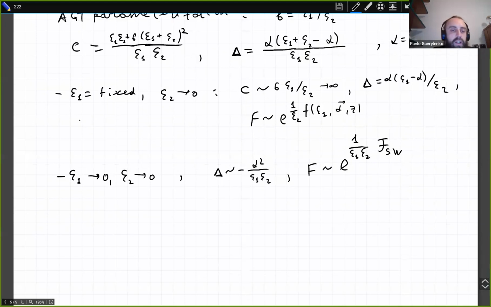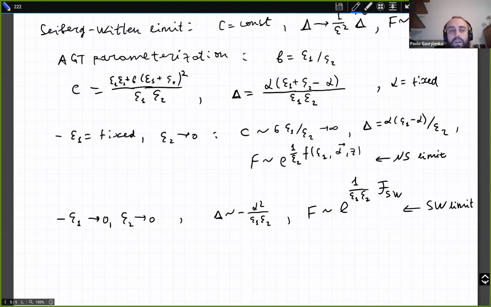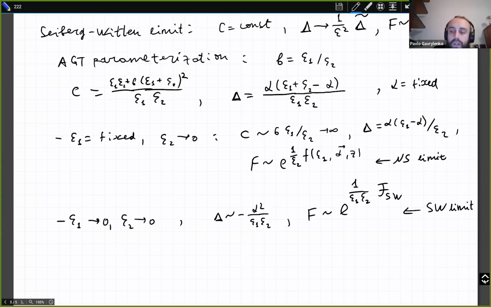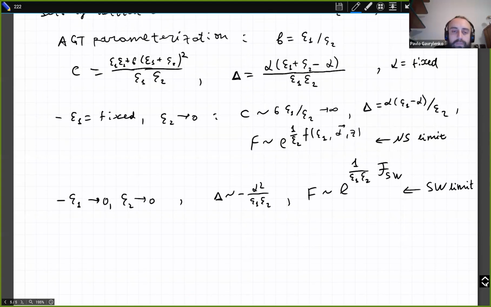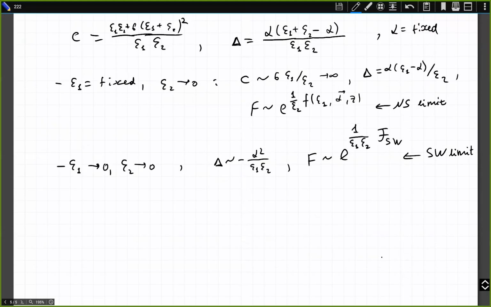So it is the NS limit in Nekrasov-Shatashvili, and this is the Seiberg-Witten limit. So, is it fine? Yeah. Okay.